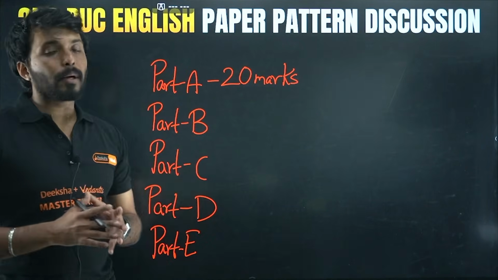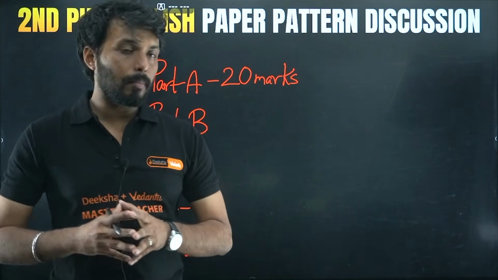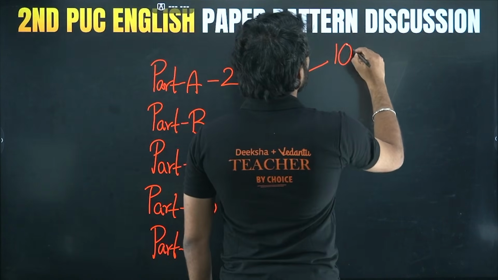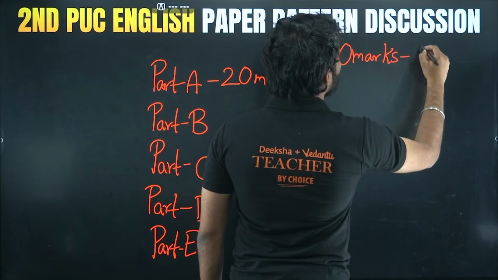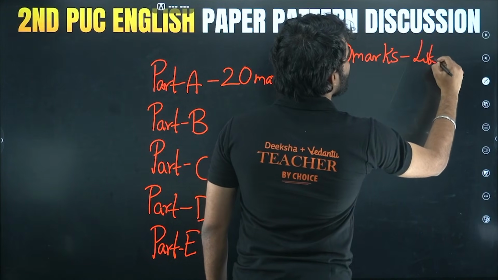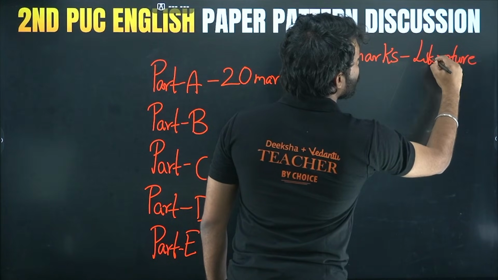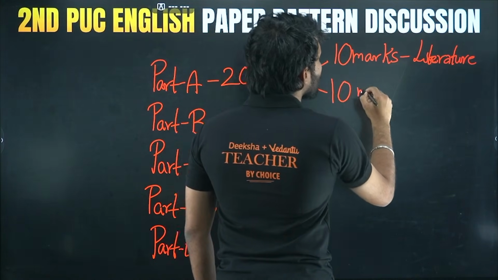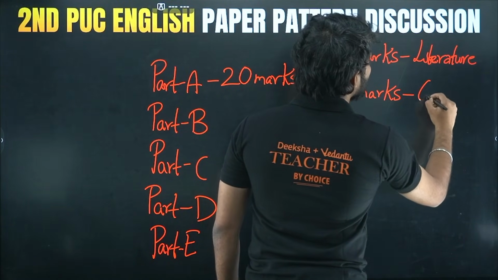So part A is a mix of both literature and grammar. 20 marks, out of which 10 marks will be from the literature part, that is your Springs textbook, and the other 10 marks will be from the grammar, that is your Streams workbook.